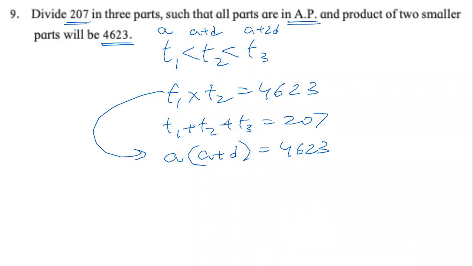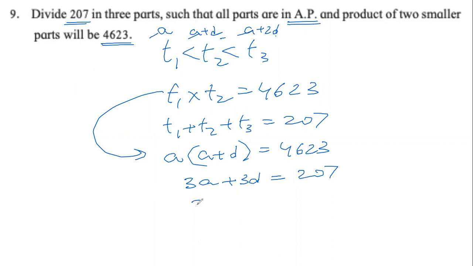And T1 plus T2 plus T3 is A plus A plus A, 3A, D plus 2D, 3D, equals 207. See how nice the algebra is coming.